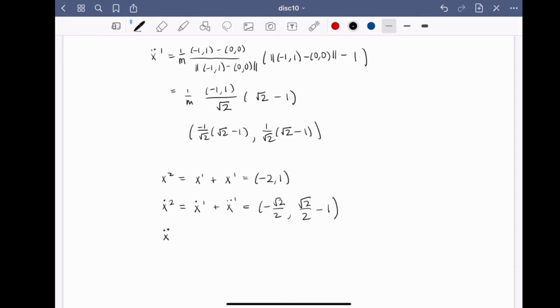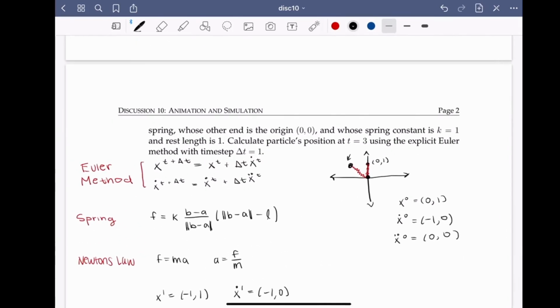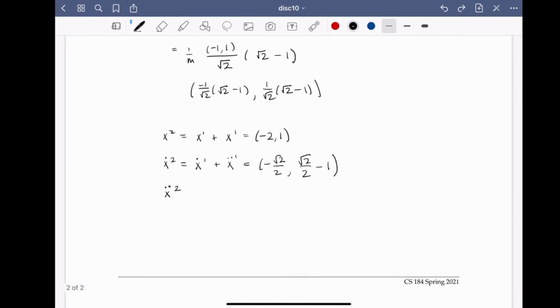Alright, and then x dot 2, we're actually not going to calculate our acceleration at time step 2 just because it asked us in the original equation just for the position at time step 3, and we can already calculate our position just given our position at time step 2 and our velocity at time step 2.